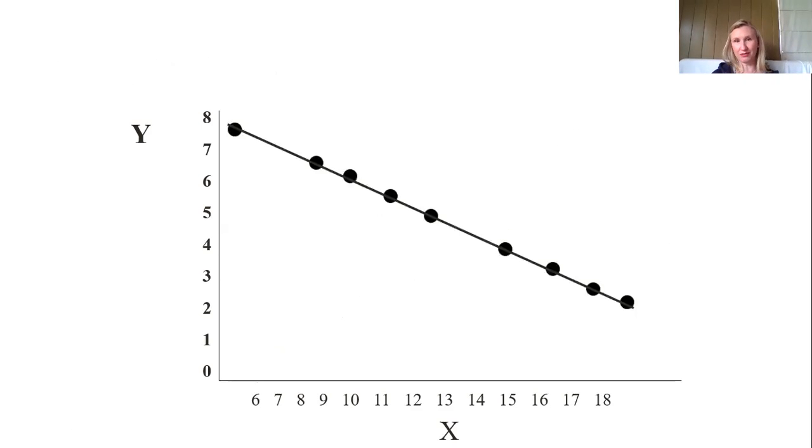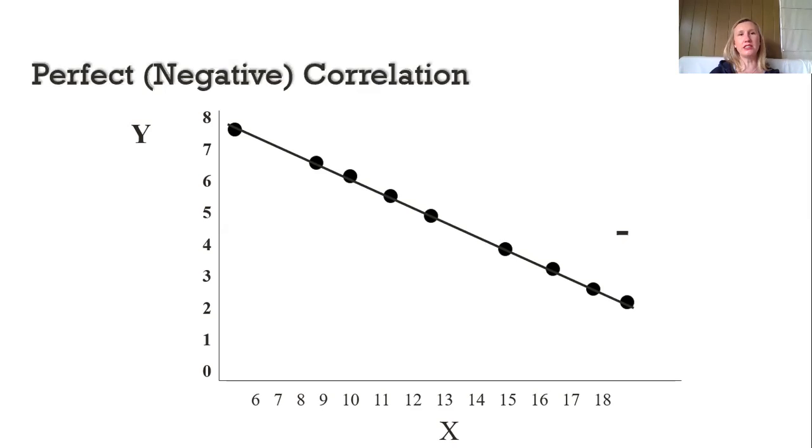What if we see something like this? Again, we see the points on a graph, and we can draw a line that touches or is very close to touching most of these data points. We would say this is a negative correlation. Now, the better that line touches each point, the closer it is to a perfect 1 or -1 correlation coefficient.